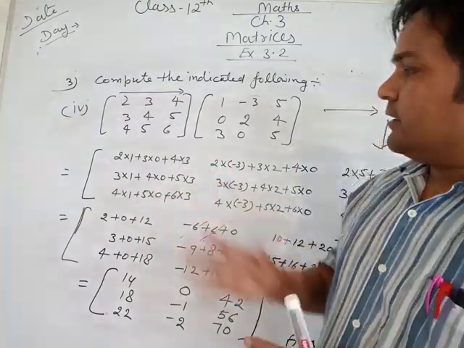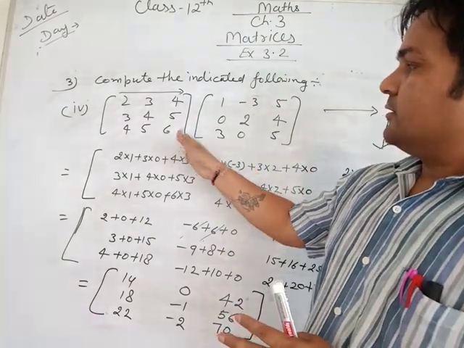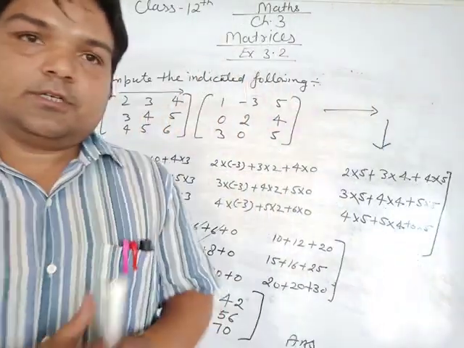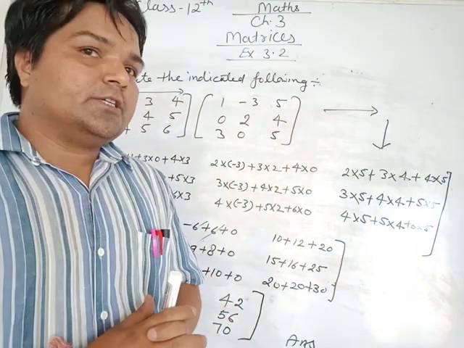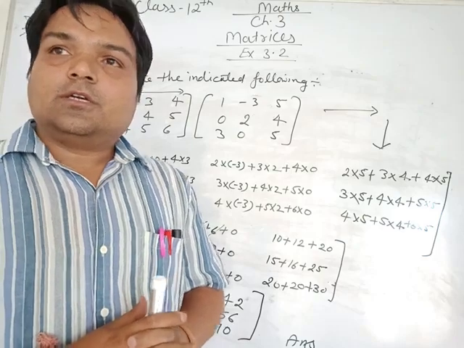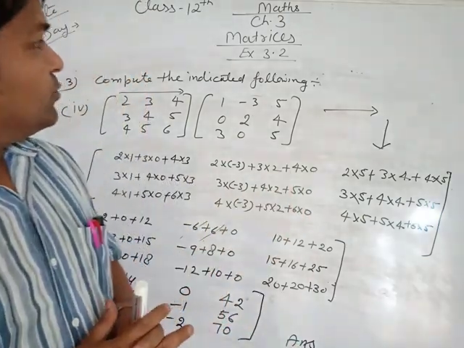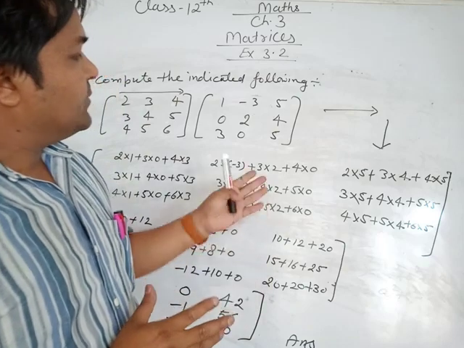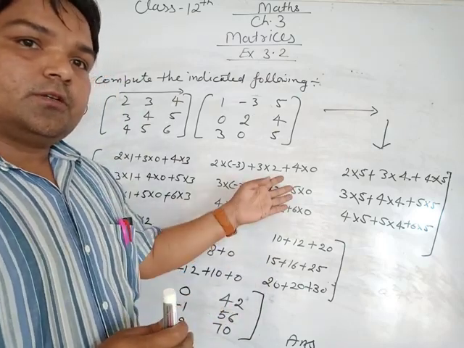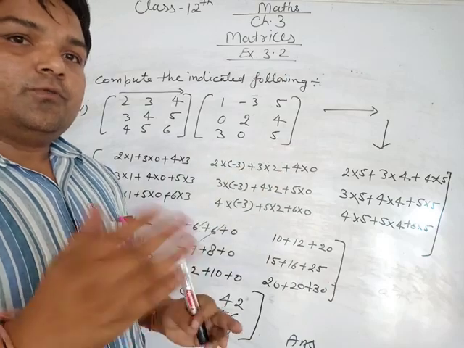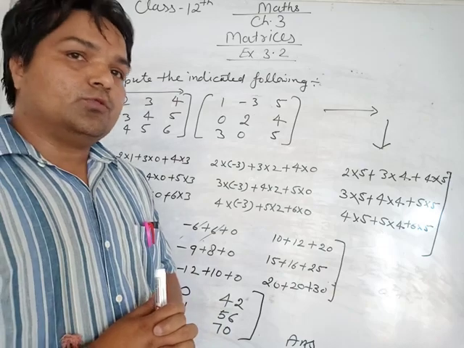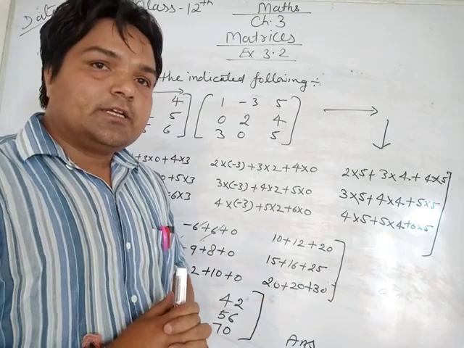Here the procedure of multiplication, addition and subtraction we have done. There are many questions in this exercise, and the answers are given in your notebook, and you will solve them easily. Questions 3 and 4 I have done, and the other questions you will do in your notebook. Thank you and have a nice day.